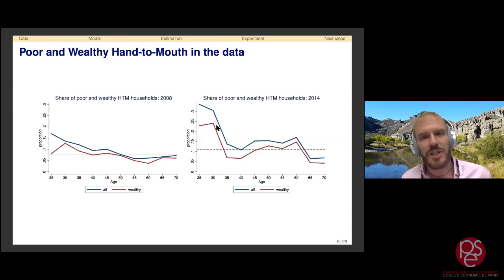And there's been a change between the boom and the bust too, in particular for young ages. In particular, the proportion of poor hand-to-mouth has now increased relative to before 2008, right?